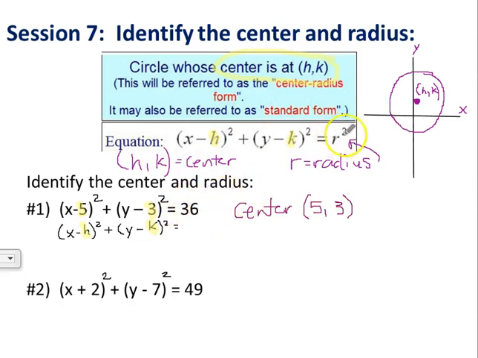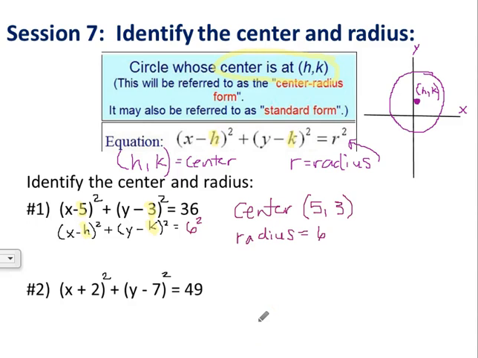But remember, the radius is r squared. So what is the square root of 36? Well, 6 times 6 is 36. So if I rewrite 36 as 6 squared, that helps me see that the r is just going to be 6. So the radius of this circle is going to be 6.